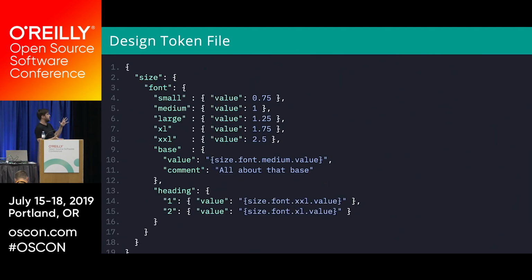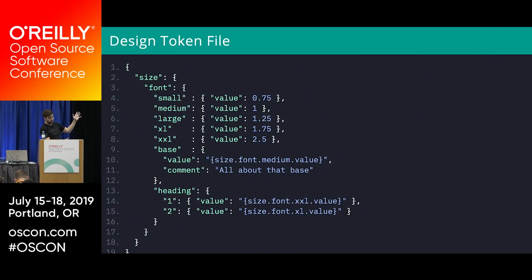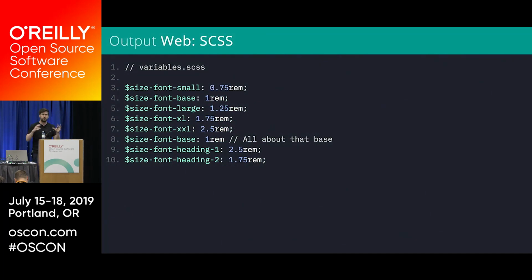So given this single design token file, you could get outputs like a Sass variables file. Here we're just outputting some Sass variables. If you notice, this is a flat list, whereas this is an object structure. So Style Dictionary will take the object and find all of the tokens and create a flat array.